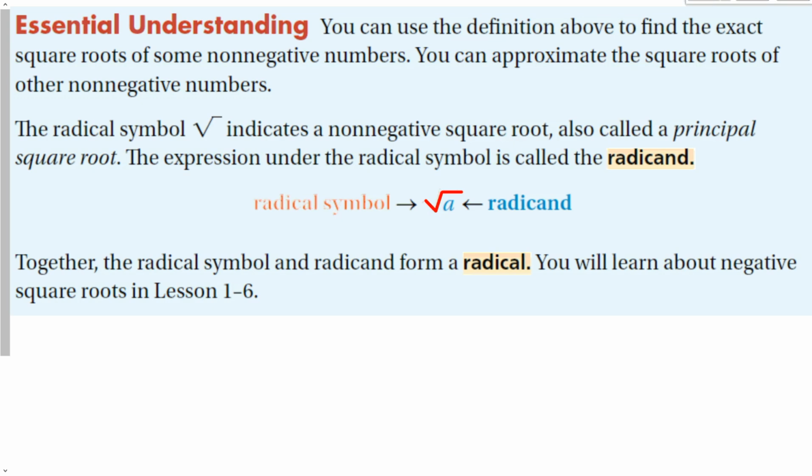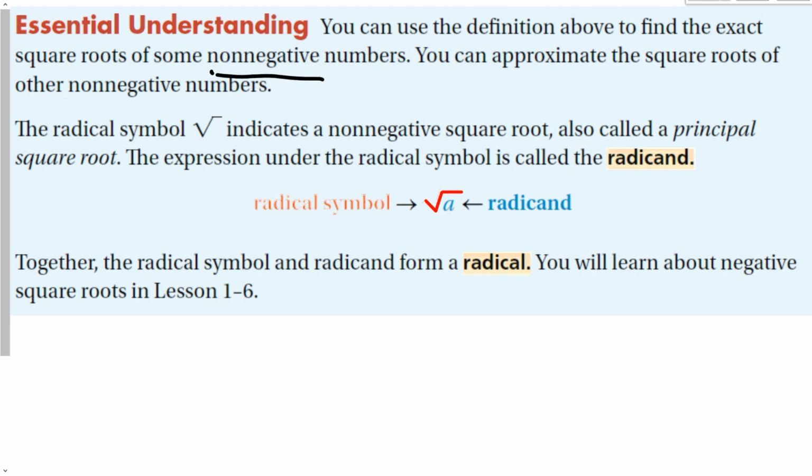Our essential understanding is that we can use this definition to find the exact square roots of some non-negative numbers. That's important: non-negative. We cannot take square roots of negative numbers in our real number system, and I'll talk about that more later.